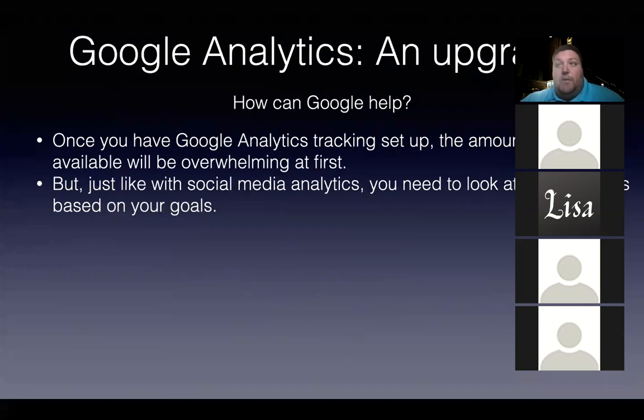All right, once you have Google Analytics tracking set up, the amount of data available will be overwhelming at first. Like I mentioned, there's just so much available to you. And it's really important to understand what that data is telling you, because one of the golden rules in marketing is you've got to make data-driven decisions.